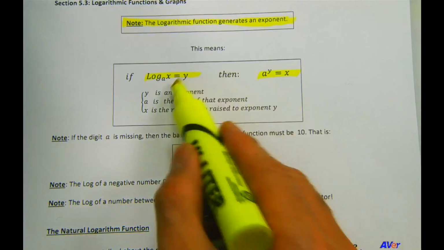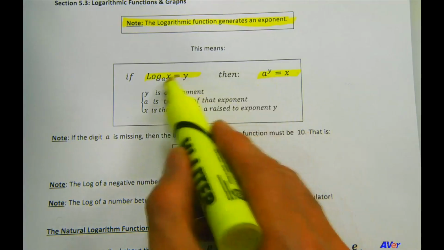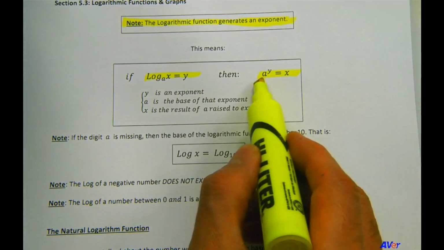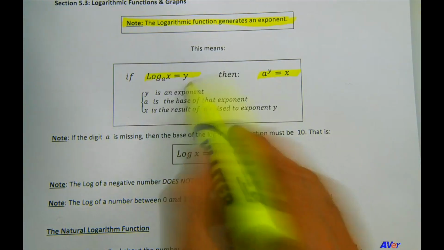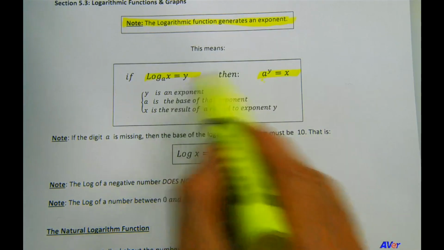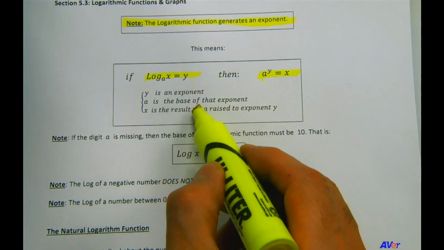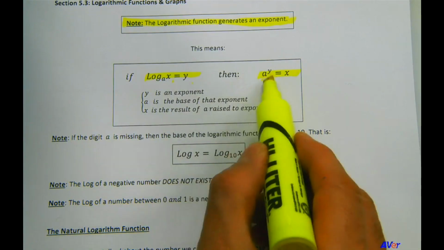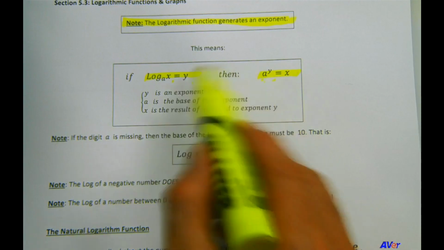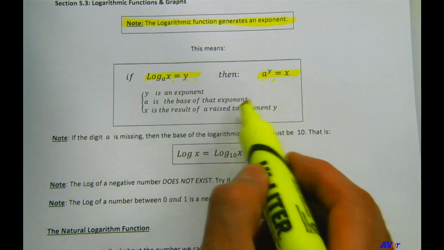Notice that the exponential form does not have the log in it, because it's the log form written in exponential form. But these are equivalent and they are inverses of each other. Okay? Again, log functions and their equivalent exponential forms are inverses of each other.